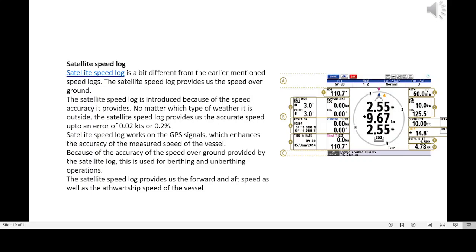Satellite speed log works on the GPS signals, which enhances the accuracy of the measured speed of the vessel. Because of the accuracy of the speed over ground provided by the satellite log, this is used for berthing and unberthing operations. The satellite speed log provides us the forward and aft speed as well as the athwartship speed of the vessel.